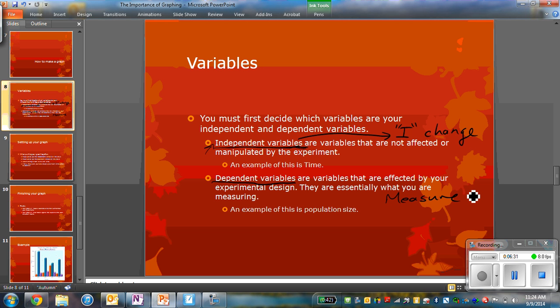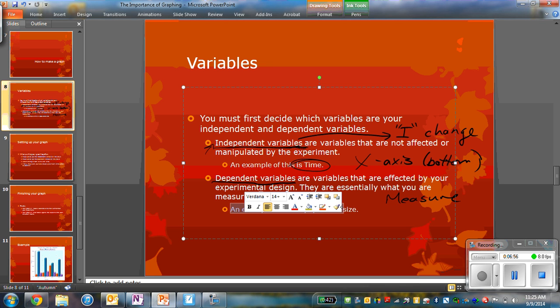So in this case, if you wanted to do population size through time and see how many families have moved into Downers Grove over time, you have time on the x-axis, which is the bottom. And then you'd have your dependent variable, which is population size.